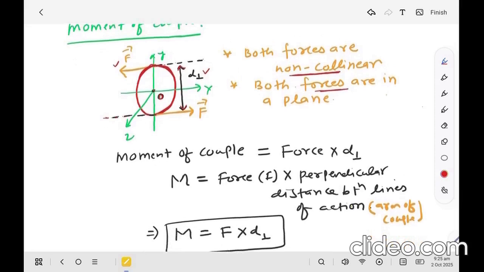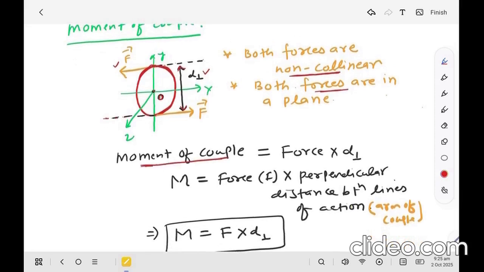So the moment of this couple we can define by the magnitude of the force, because both forces have the same magnitude.